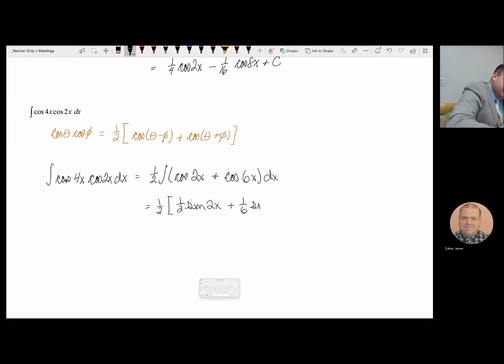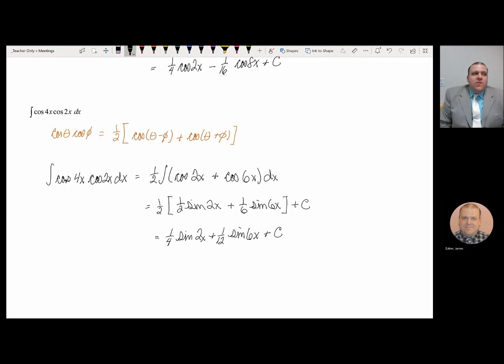Plus 1/6 sine of 6x. Then distribute the 1/2 through. And there would be our antiderivative.